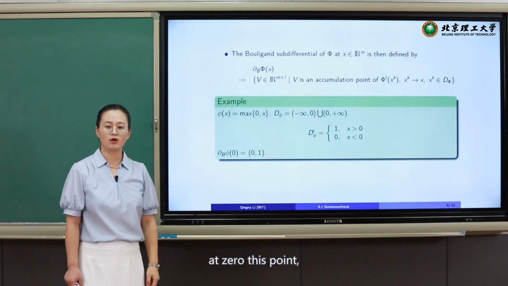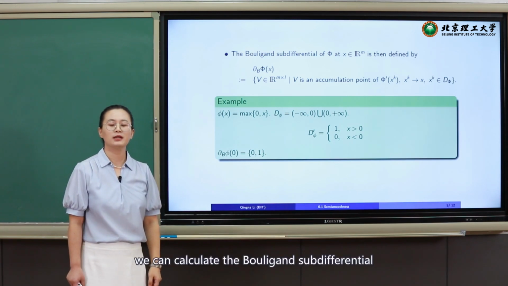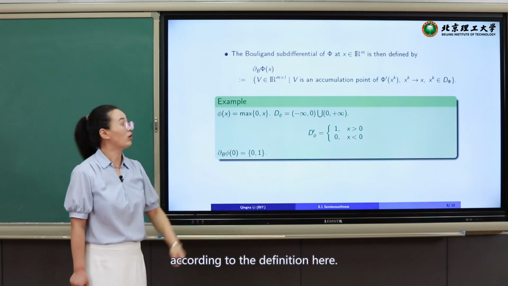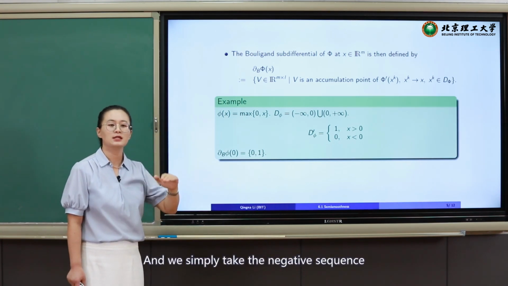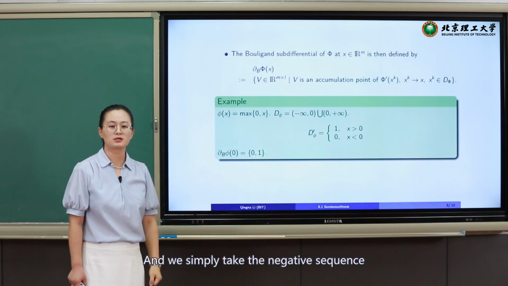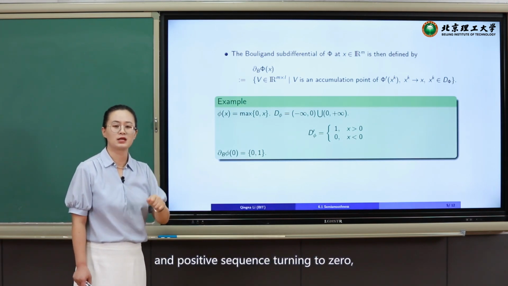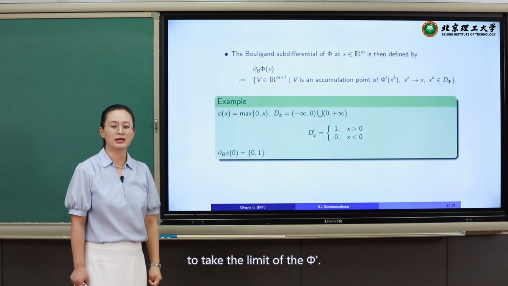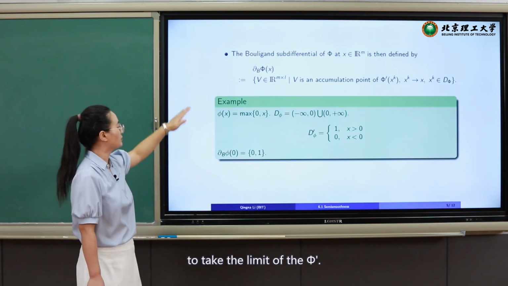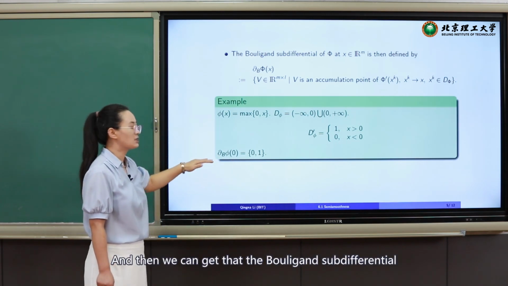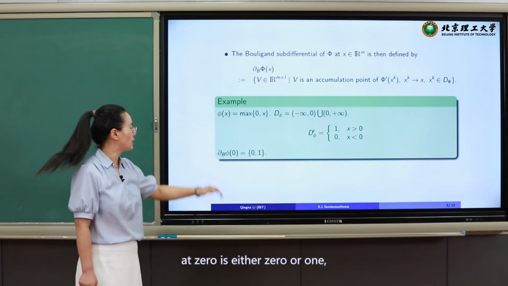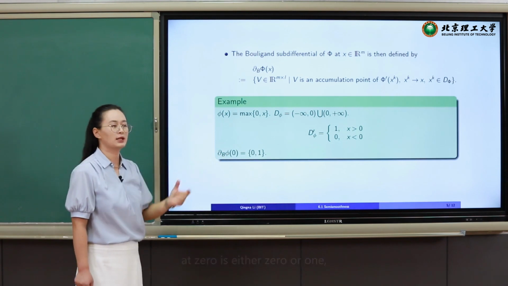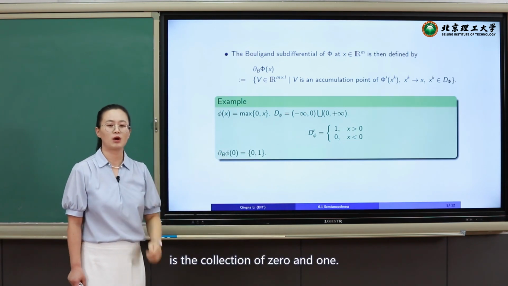Therefore, at 0, we can calculate the Bouligand subdifferential according to the definition here. We simply take the negative sequence and the positive sequence tending to 0 and take the limit of phi prime, and then we get that the Bouligand subdifferential at 0 is either 0 or 1. It's a collection of 0 and 1.